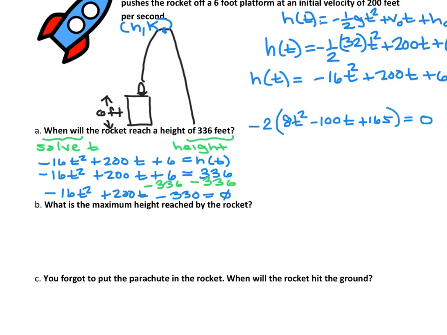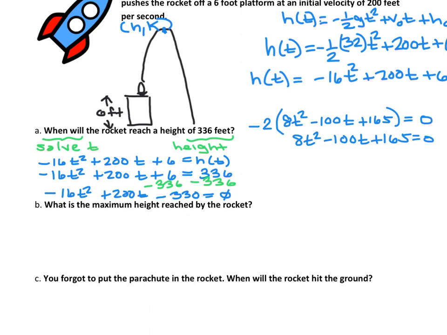Now, because we're trying to solve for t, I can divide everything through by the -2. So essentially that -2 just goes away when we're trying to solve for t. So this is what I have. In this case, a equals 8, b equals negative 100, and c equals positive 165.